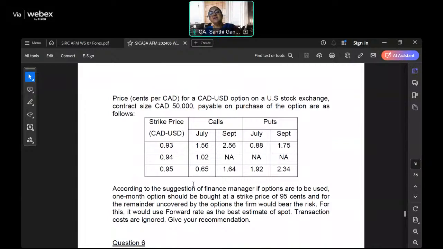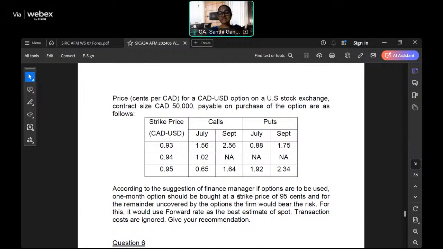For a Canadian dollar, US dollar option on a US stock exchange, contract size, see this is an exchange traded option. Why is contract size given? Payable on purchase of the option are as follows. For different strike prices, call option July, September, put option July, September, what is the premium that is given?